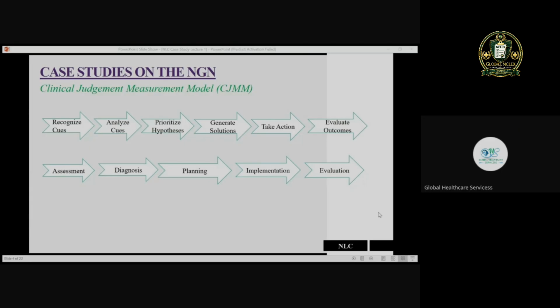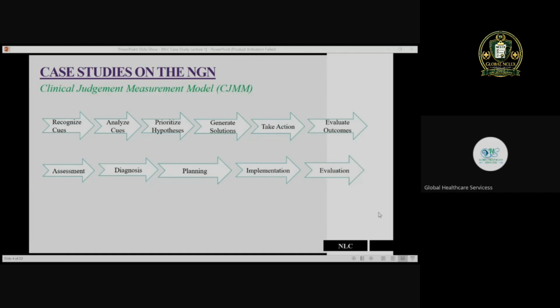For example, my patient is presenting with shortness of breath, my patient is presenting with crackles, so my patient is presenting with all these general signs and symptoms. Now I have to prioritize what can be the immediate problem. Okay, either this is heart failure, or respiratory failure, or it can be another disease.